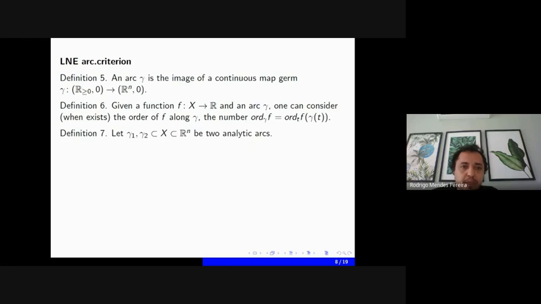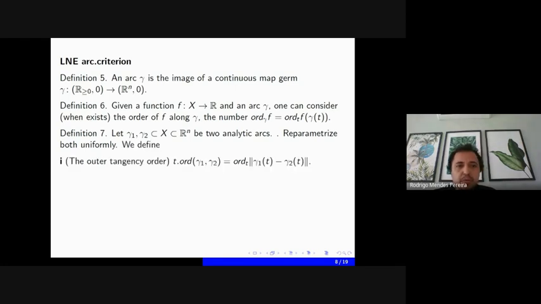Okay. For the next definition, take two analytic arcs in some subset, parameterized uniformly in some way, and you can define two numbers. The outer tangency order of these arcs is just the order of the distance function between these arcs.